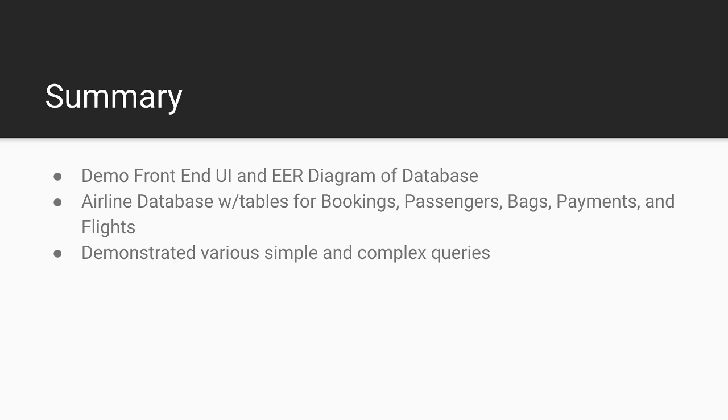Those tables were bookings, which was our primary table, passengers for passenger information, bags, tracking checked bags, payments for the payment state of bookings and flights, and we also demonstrated various simple and complex queries.